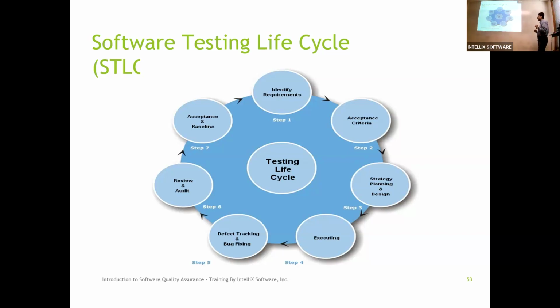The next step is planning and strategizing how I'm going to go about testing. At this point, all I have is not software, it's requirements. I understand them and build a plan for how I'm going to test.